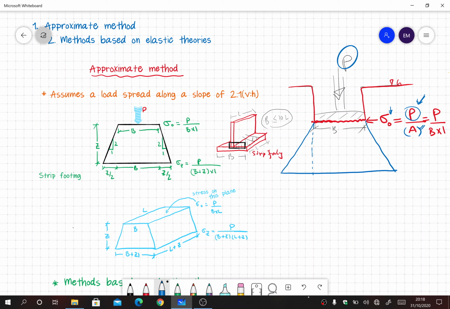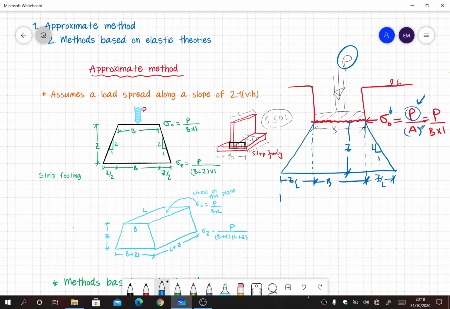The area of effect at a certain depth is calculated. Let's say I am calculating stress at a depth of Z. So this says that the slope is 2:1. So we know the width is B because it is coming straight from top to bottom up to the foundation. Now it is spreading on the sides. So this is 2:1. So that means if I go to a depth of Z, this width will be 2 times Z over 2, half the time, I'm sorry. So this is Z by 2.